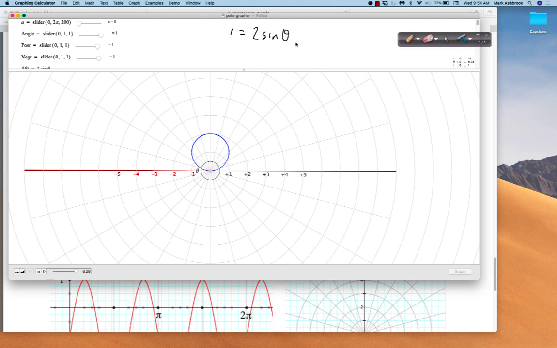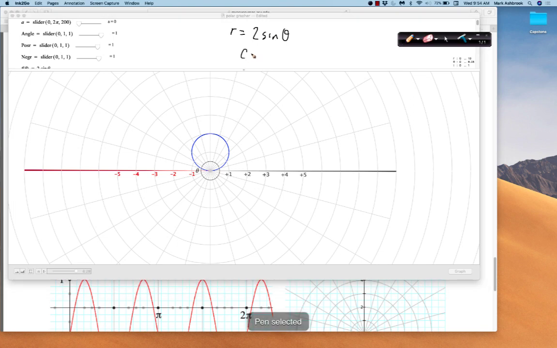And then we said, that looks a whole lot like a circle. So is it a circle? Just because it looks like a circle? So why is it a circle? All right, so if we could change this r equals 2 sine theta into an equation of x and y, that would be more mathematical proof that this is a circle, right?